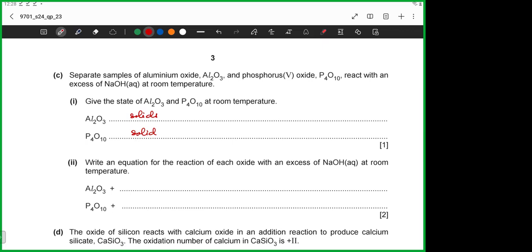So the next one is write an equation for the reaction with NaOH. Al2O3 plus NaOH. Remember, Al2O3 is amphoteric, right? Yeah, it reacts. So what happens when it's amphoteric? What salt is produced?